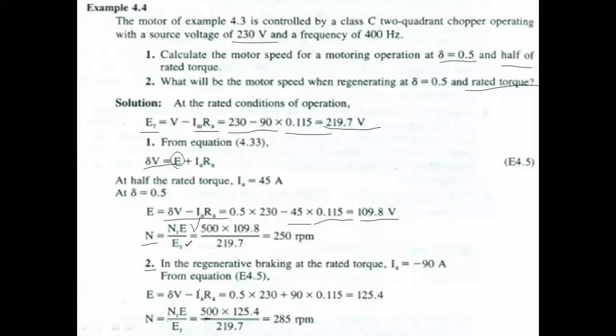So see here, at rated torque the current will be 90 and RA. So find out E first. E is equal to delta V minus IA RA. Delta is 0.5 as given, so 0.5 into 230.